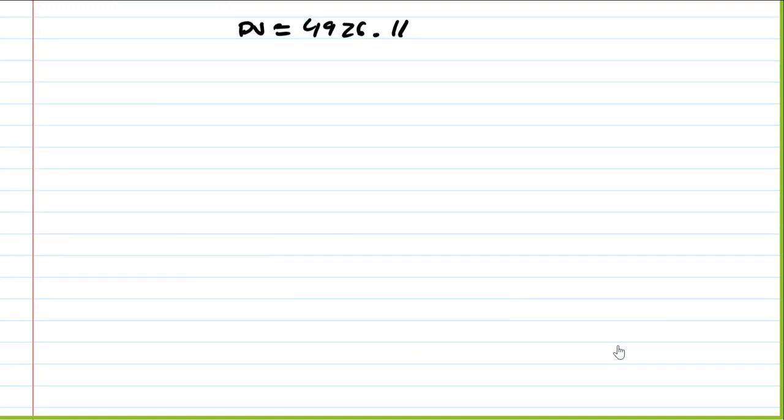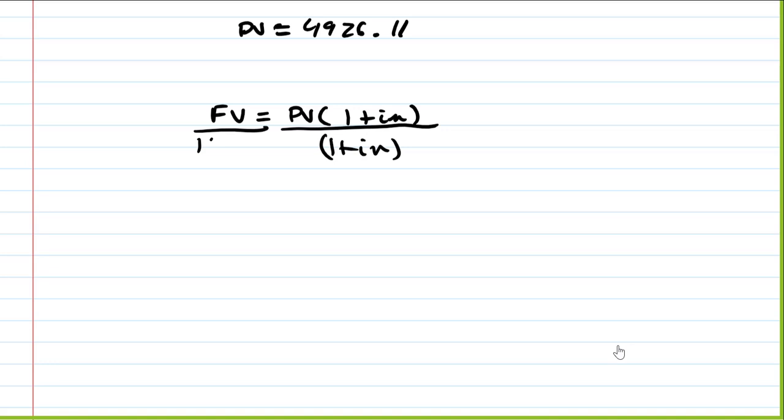So the calculations that we've been doing, we want to find the present value for a known future value. So in general, we had our formula that our future value was equal to the present value times 1 plus I times n. Well, instead of doing the computation one at a time like we were doing in the previous problems, we can actually just solve for the present value.